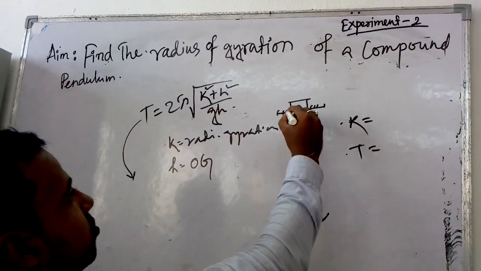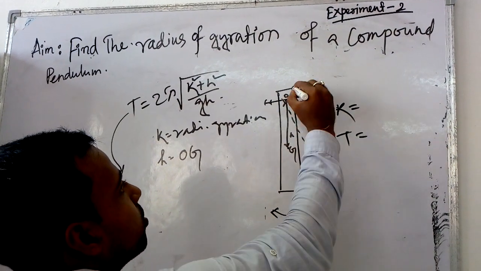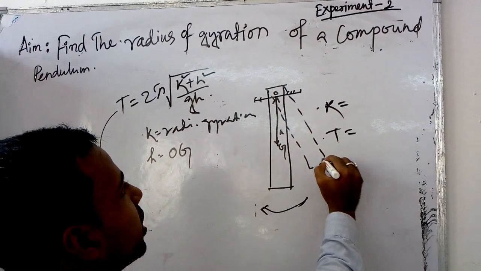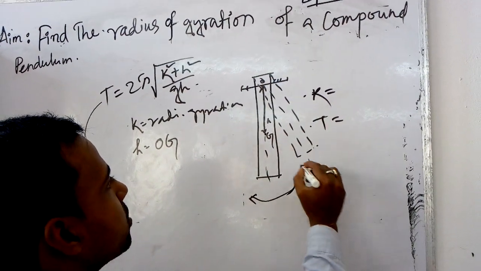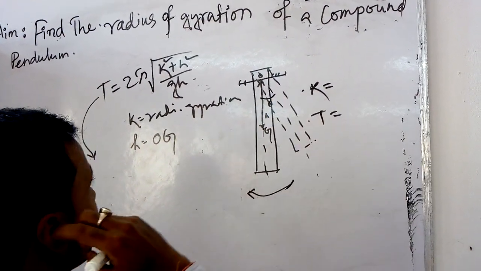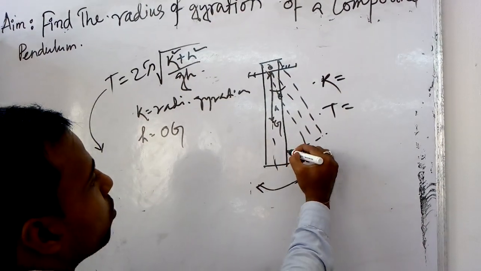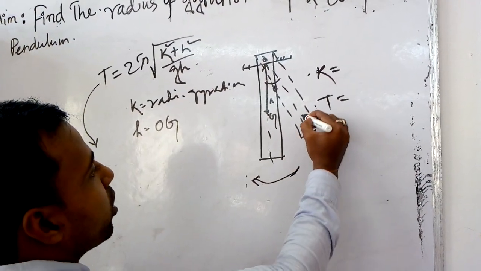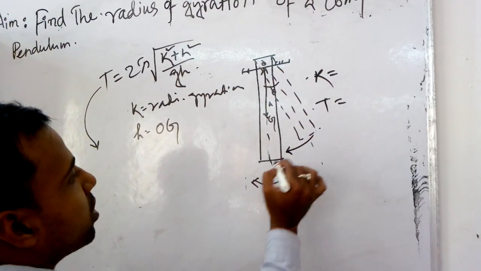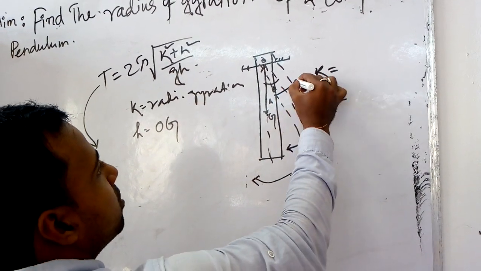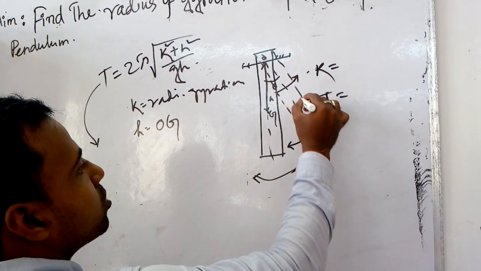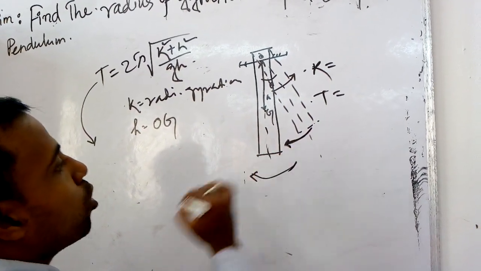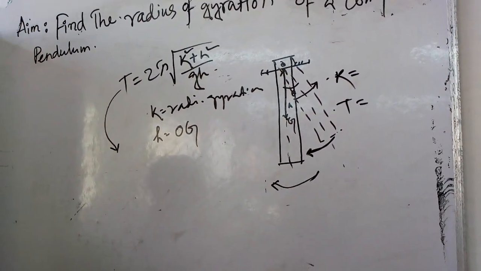First of all, suppose this pendulum is allowed to rotate about a fixed axis. This is the axis, and this is the angle theta. When it moves to this point, there will be a restoring force. If I give a displacement in this direction, then in the opposite direction there will be a restoring force, or you can say restoring torque.